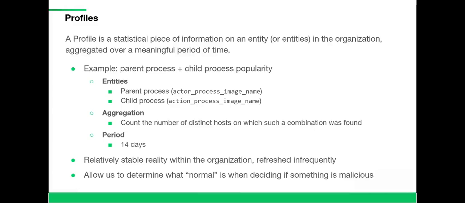So how popular these processes are. If it finds the same processes running on multiple hosts for a specific period of time, it means that it's stable. It's a common activity that is persistent for a long period of time, then this will be considered normal. That's your baseline.